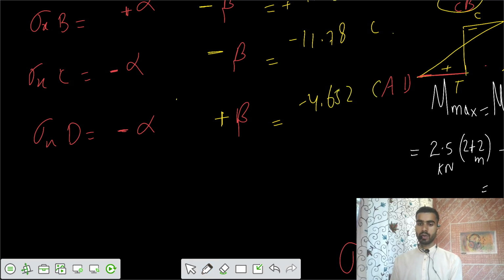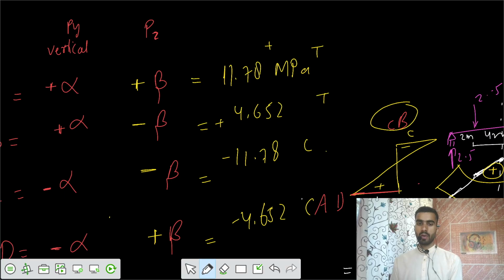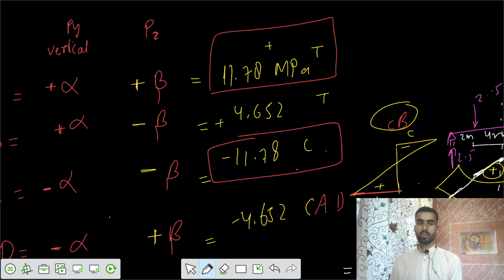So you can see that one of them has positive behavior and the next one has negative: tensile, compressive and tensile.